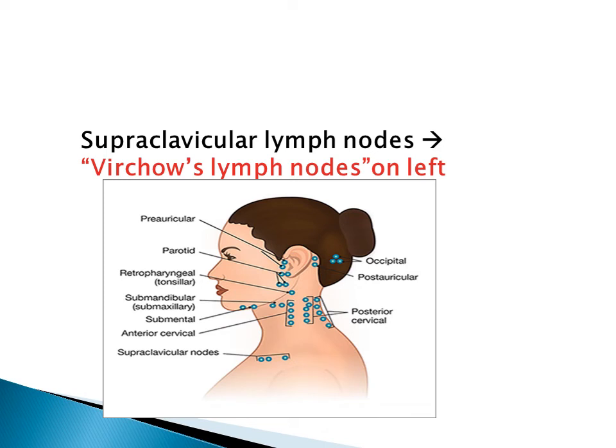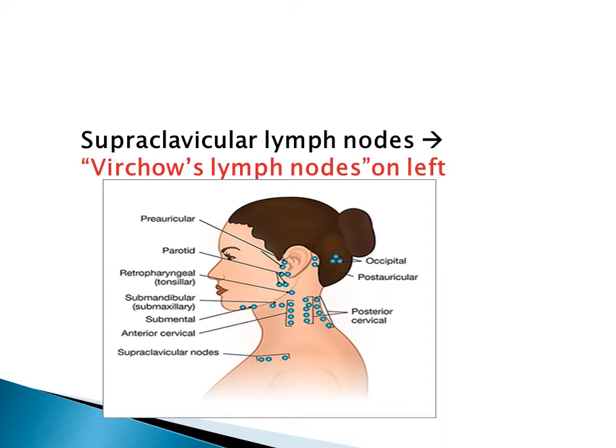Some members of the lower deep cervical nodes, what happens to them? They will extend along the brachial plexus and the subclavian vessels, and they will reach the supraclavicular triangle. And when these nodes are present in the supraclavicular triangle, they are called supraclavicular lymph nodes.